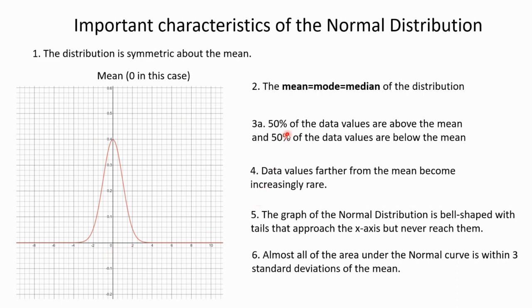What's also nice is that about 50% of the data values are below the mean and 50% are above the mean. Roughly half and half, which you would expect because it's symmetric about the mean. You can also see from the graph that the further away you get from the mean, the more rare the data values become.